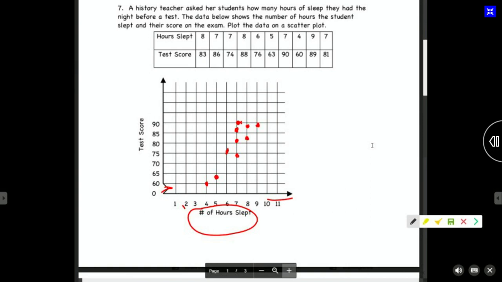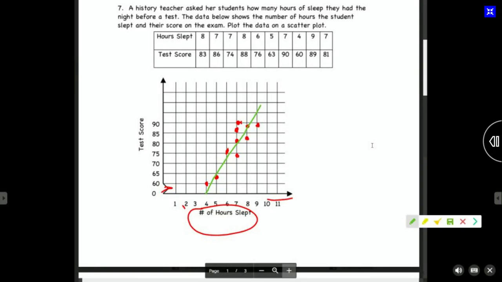You want to get as centered as possible. So I'm going to draw my line. I'm going to start down here, and I'm going to come up in the middle of as many points as I can. Okay? Now, when I give you one number and I want you to give me the other, that's when you have to use that line of best fit.